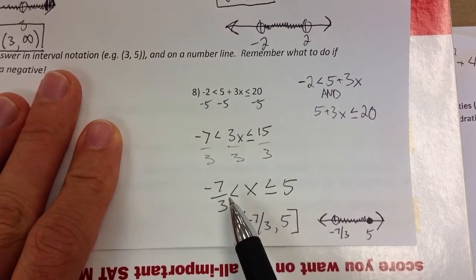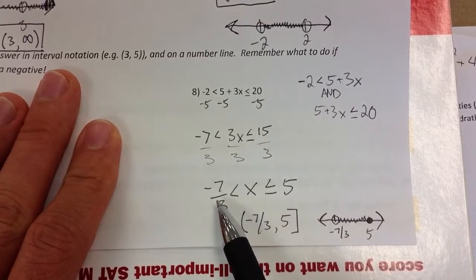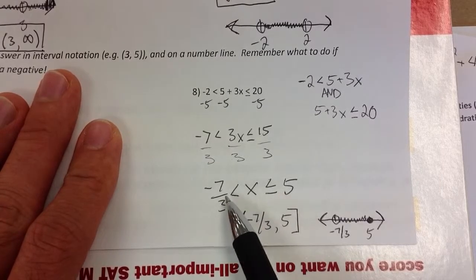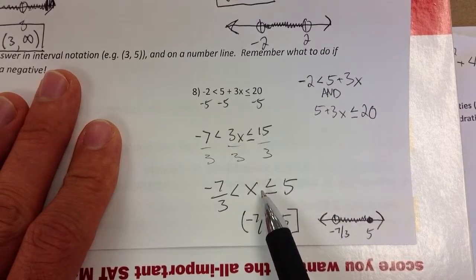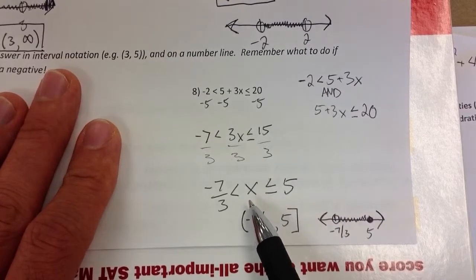Because the interval is bounded on both ends. What this is saying is that all values of x between negative 7/3 and 5, excluding the negative 7/3 and including the 5, are valid values. So if it's an n problem, you wouldn't use that. Usually.